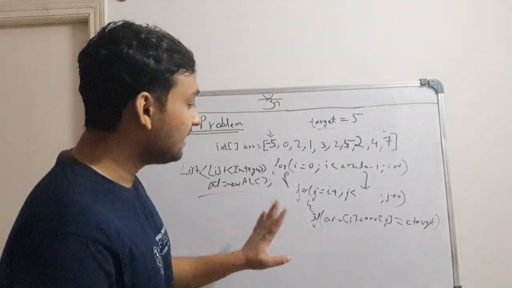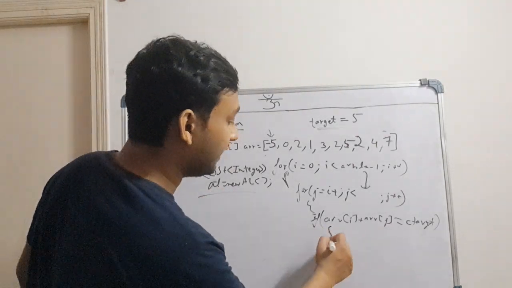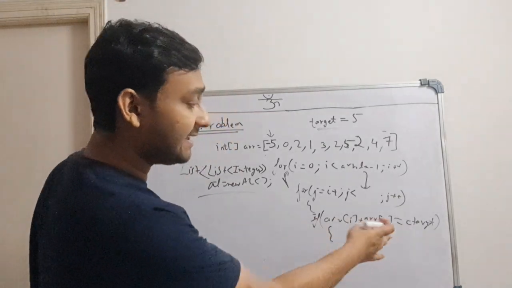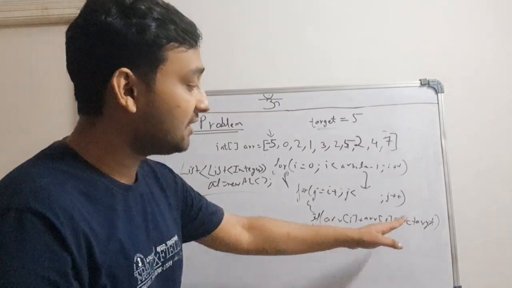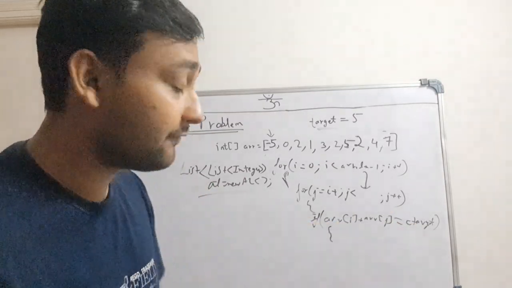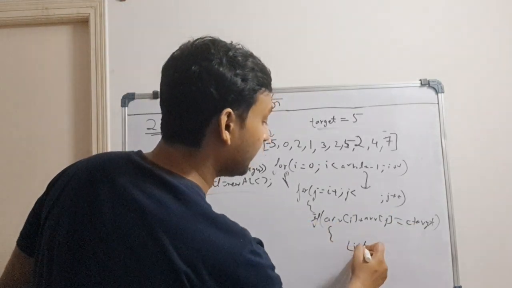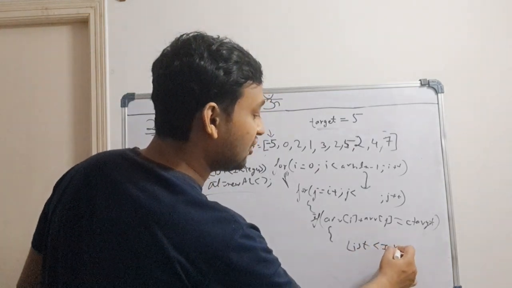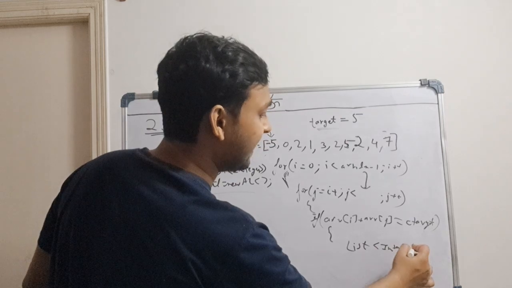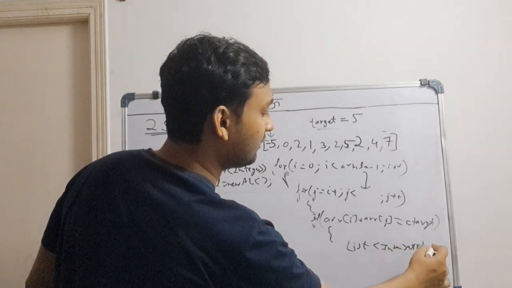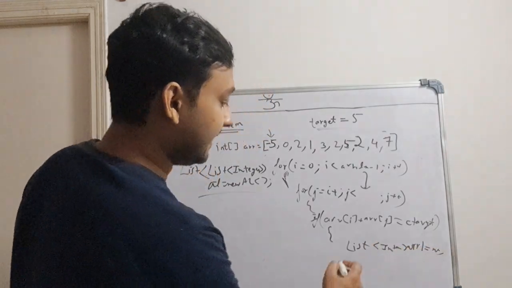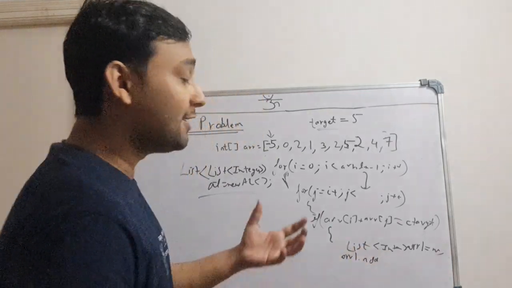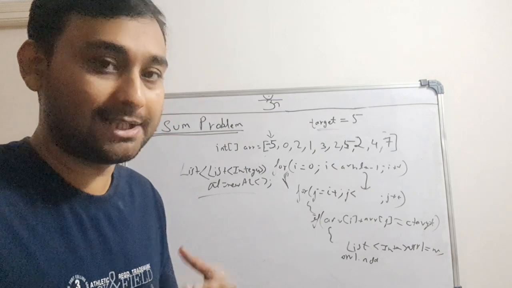Then I will create one normal list. Within this, if the condition array at i plus array at j equal to target is satisfied, we create one list and initialize it as a list of integer, arr1 equal to new ArrayList. Then I want to fetch those elements whose sum is equal to the target.